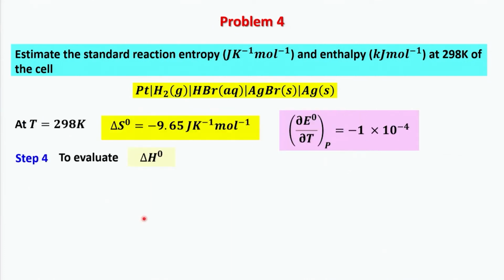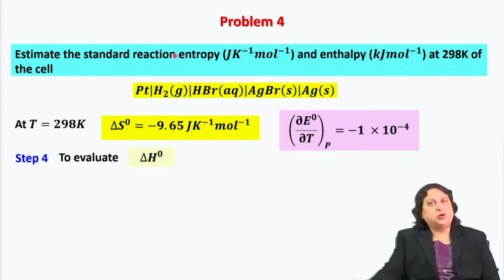Now, moving ahead, this is not the end of the exercise. The question wants me to find out the standard reaction enthalpy in units of kilojoules per mole at 298 Kelvin.